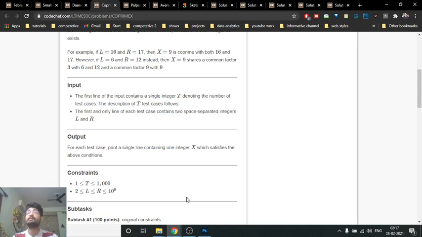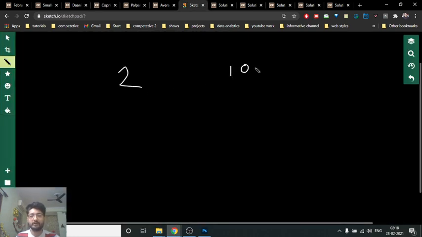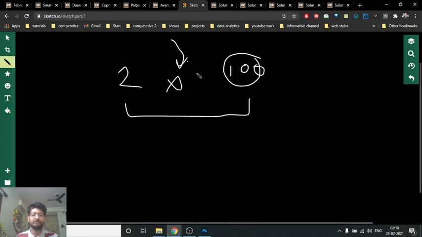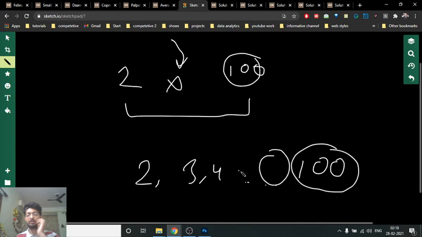Because if you are given some numbers, let's assume 2 to 100, and you take a prime number greater than that, then for all the numbers between 2 and 100, the factors will be less than or equal to that number. What I mean by this is, if I take numbers like 2, 3, 4, 5 till 100, and I find out the factors of all those numbers, then the factors of all of those numbers will be less than or equal to this number only. I hope you get the point.